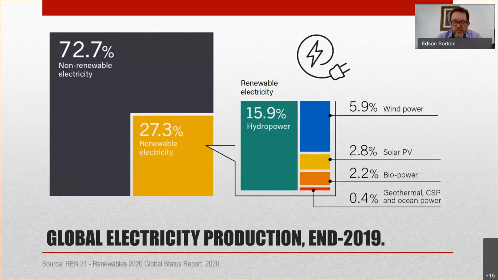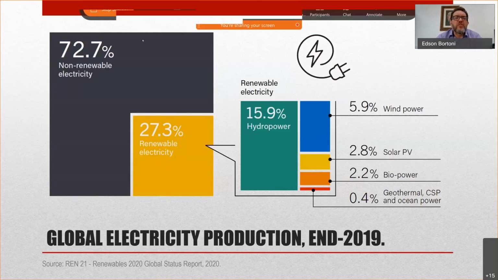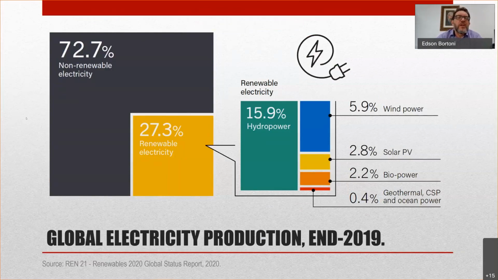Talking about electricity, along the total consumption, 72%, almost 73%, comes from non-renewable sources, and only 27.3% comes from renewable sources.